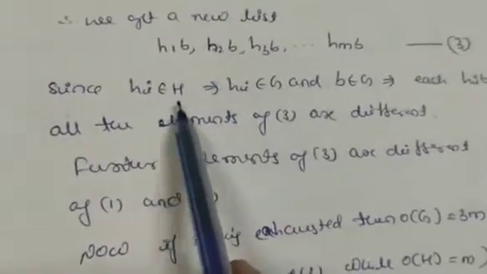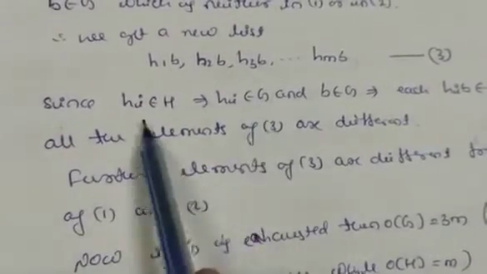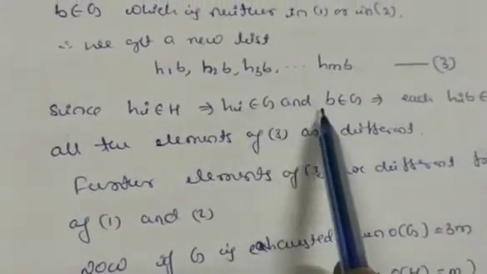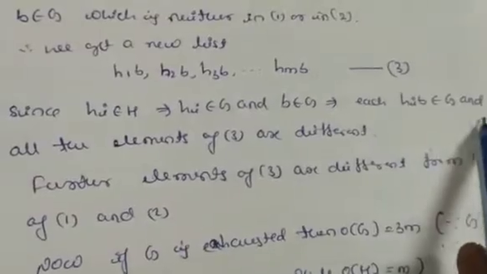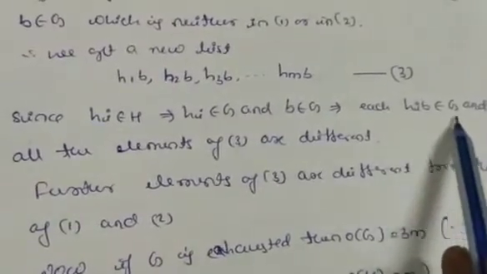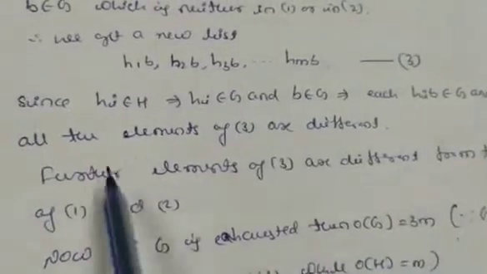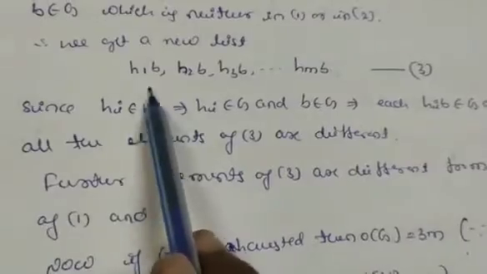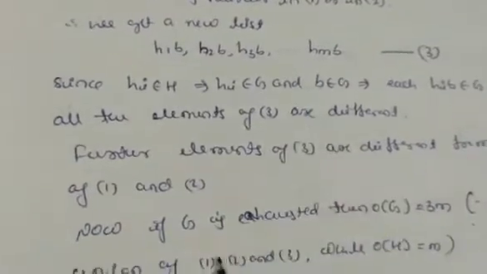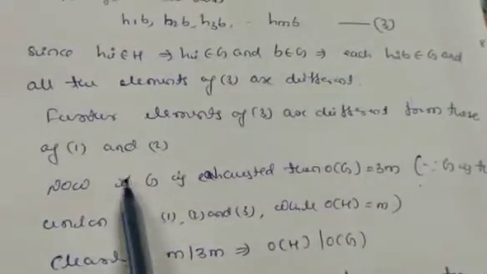Since hi belongs to H, and H is a subset of G, and b belongs to G, each hi b also belongs to G. This is a right coset which belongs to G, and all the elements of equation 3 are different. Further, the elements of equation 3 are different from those of equations 1 and 2.